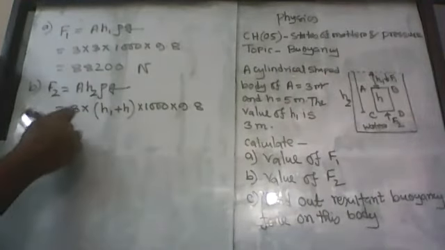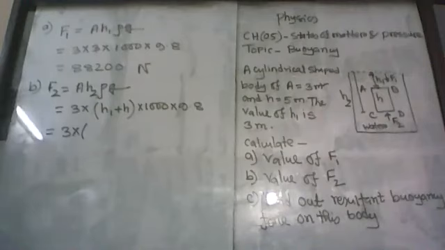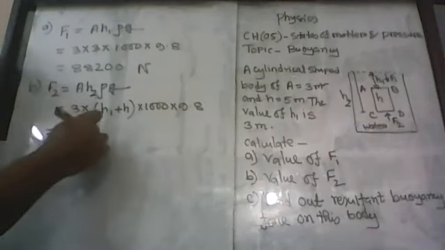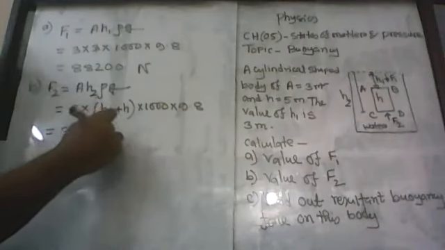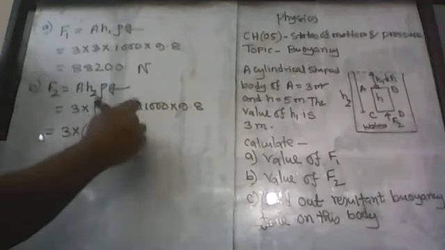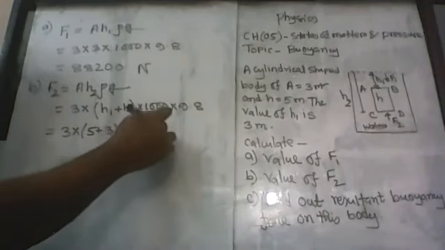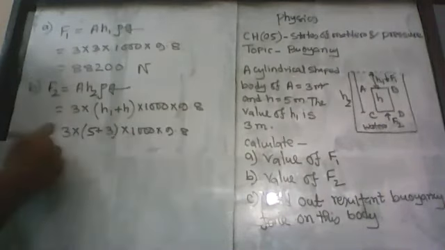So it is 3 into, H2 equal to 5 plus 3, into 1000 into 9.8.